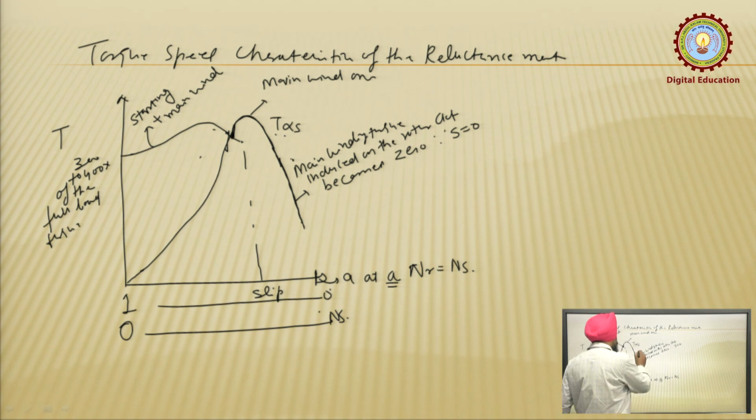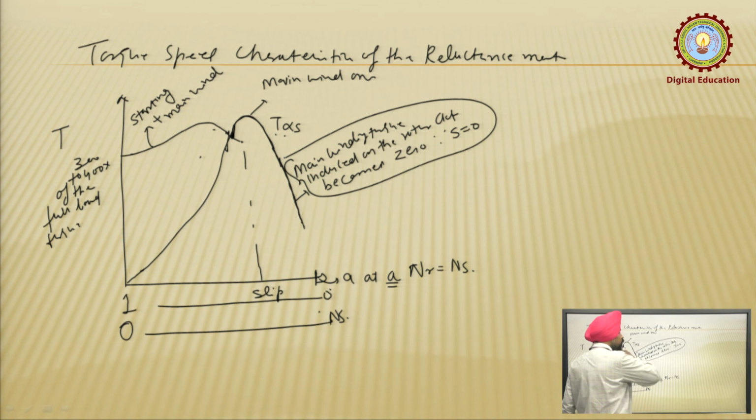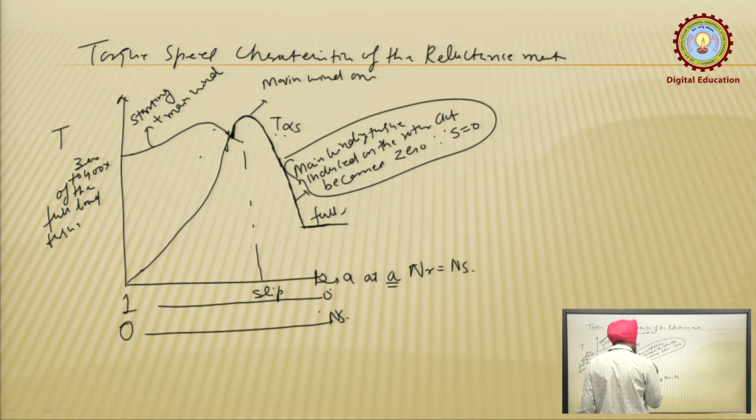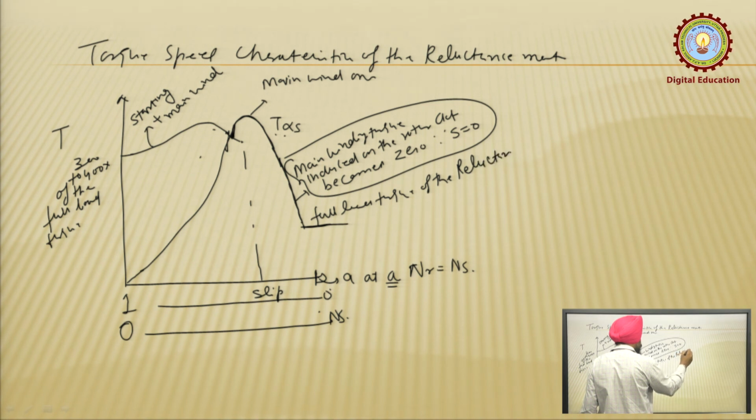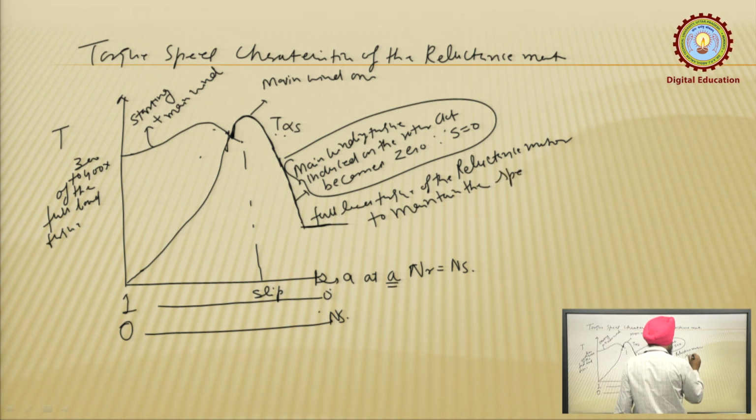This main winding torque, which is induction torque, is also 0, but due to reluctance, this is the full load torque of the reluctance motor to maintain the speed of the motor at synchronous speed.